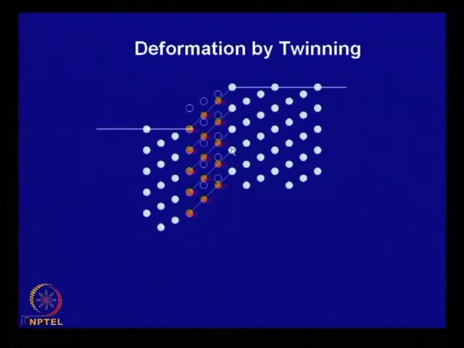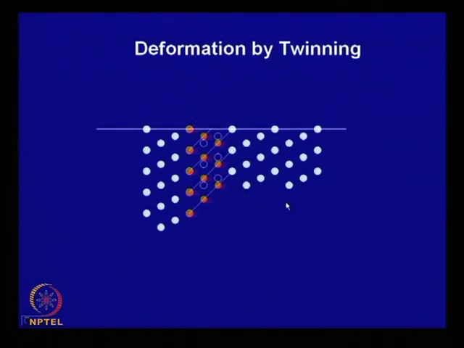Now, look at this deformed portion, the orientations are a little different. So, even if you polish, grind off the top, the atomic arrangements are distinctly different. Therefore, here even if you grind off and polish, you will be able to see the twins.